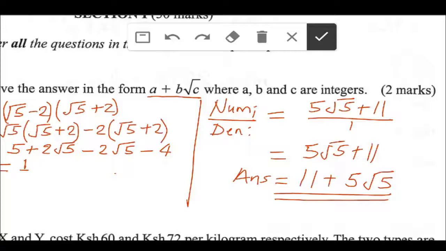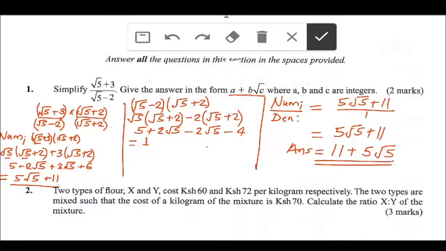So that is the solution for question number 1, KCSE 2019. We shall be doing odd numbers, so I'll skip question 2, go to question 3, then probably question 5, like that. Then later I'll come to question 2 in that order.